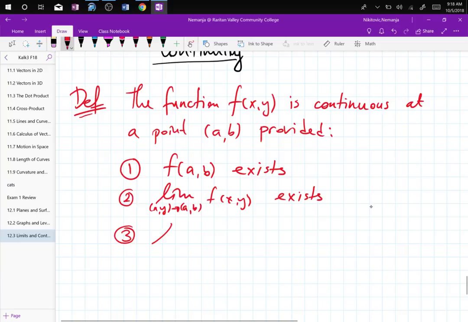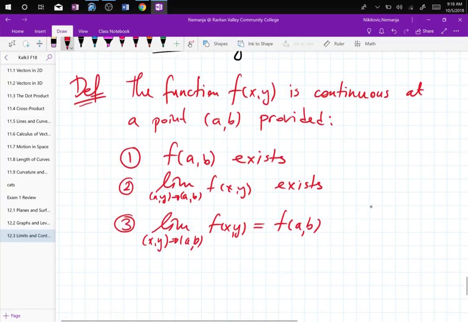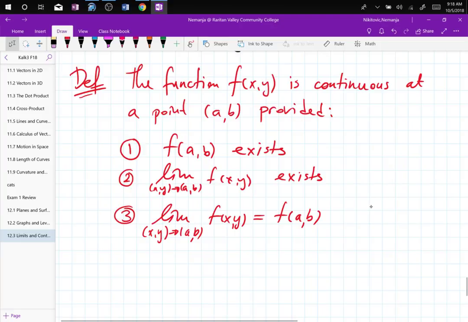So that's that the limit as (x, y) goes to (a, b) of f of xy is going to be f of (a, b). So this is the standard definition. As you can see, it's identical to the one in Calculus 1.